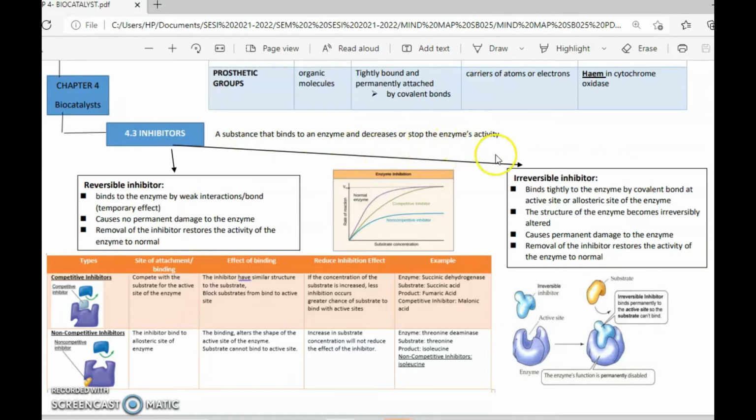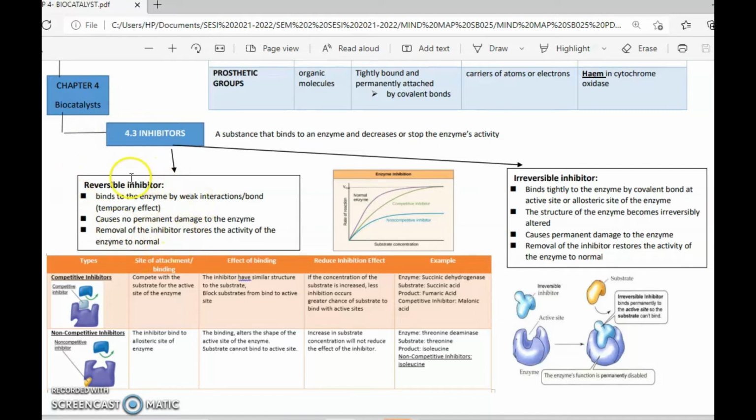There are two types: reversible inhibitor and irreversible inhibitor. A reversible inhibitor binds to the enzyme by weak interaction or bond, so it gives a temporary effect and does not cause permanent damage to the enzyme. Removal of the inhibitor restores enzyme activity to normal.